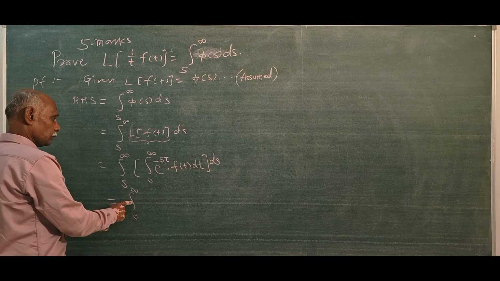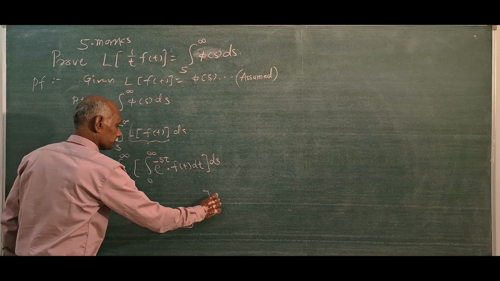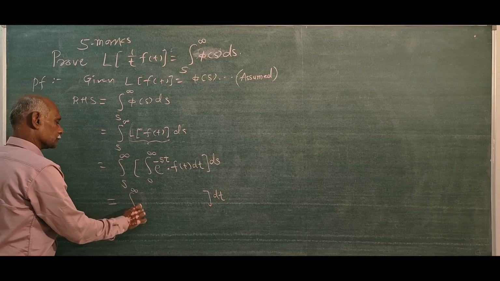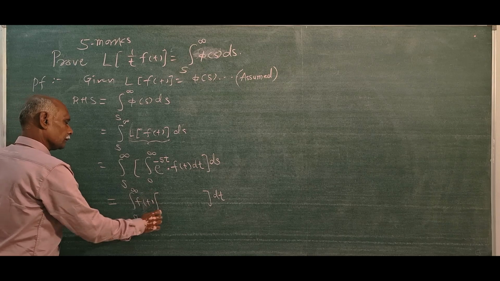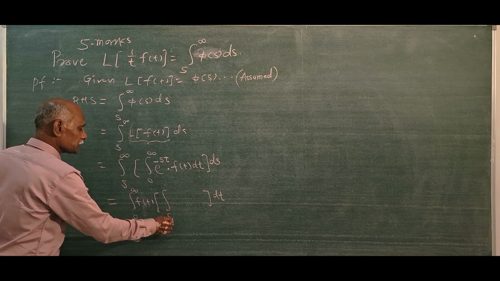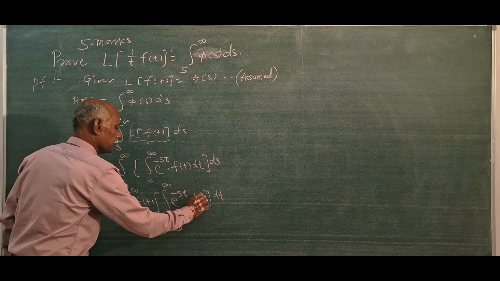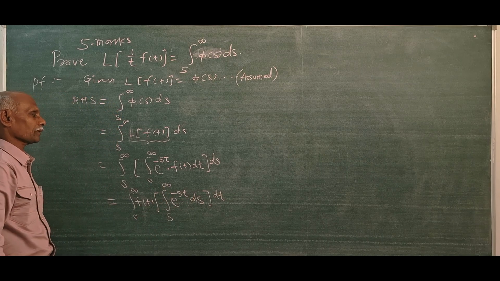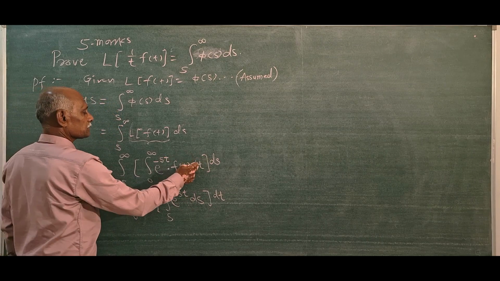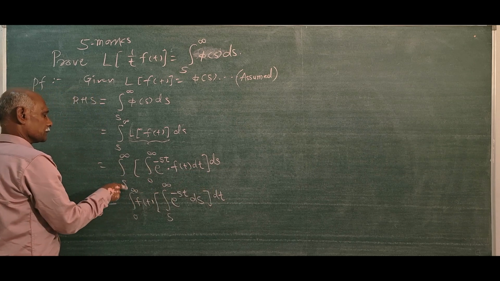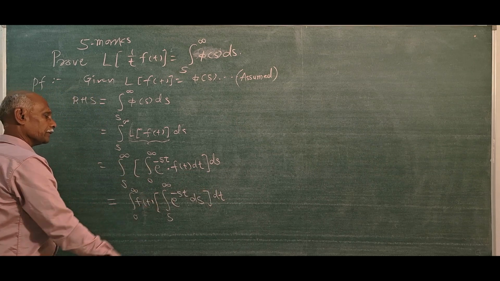We have taken this out, therefore dt comes out, and f of t also comes out. What we get inside the bracket is s to infinity e to the power minus st into ds. See the picture. ds comes inside, dt goes outside. So this integration comes out, this integration enters.